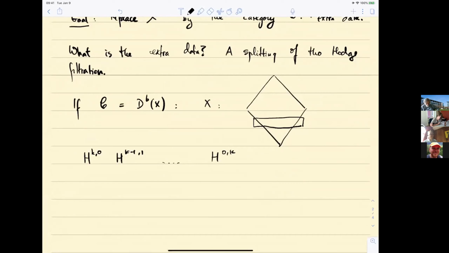And the Hodge filtration is the filtration, and maybe let me say this, the totality of this, if I were to put all of these together, at least dimension-wise, I would get something like H^k of X derived. And the point is that H^k derived has a filtration whose pieces look like this.